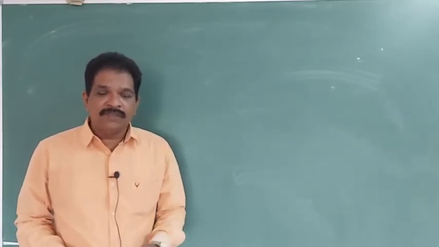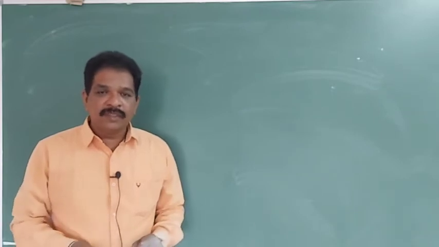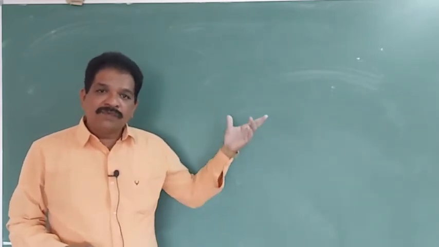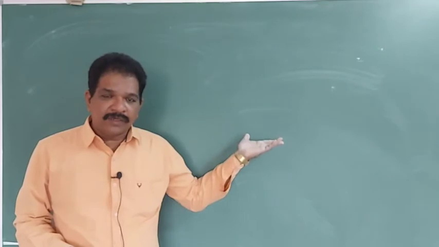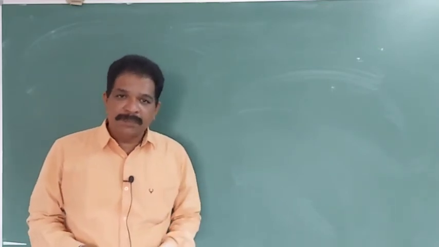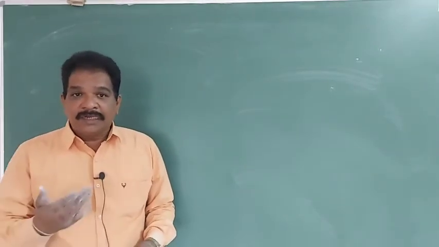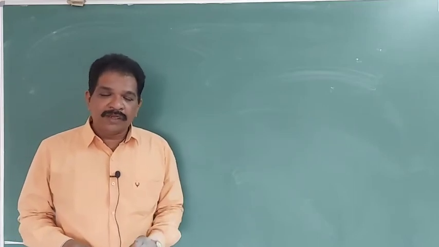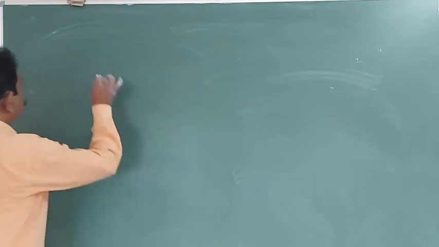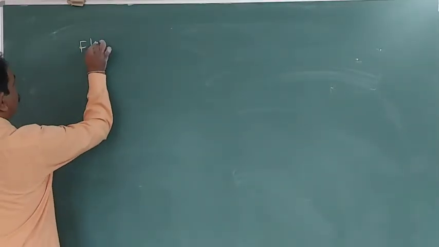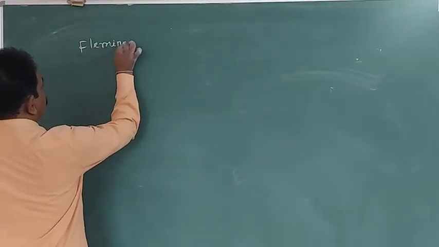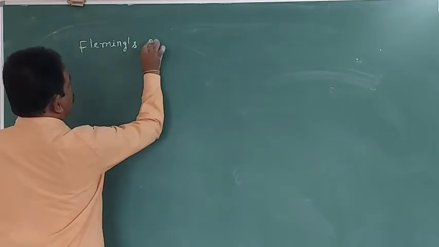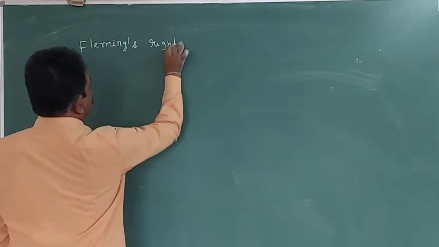That EMF is called motional EMF. EMF magnitude we calculated. How much is that? BLV. What is the direction of the induced EMF? To find that, we will use Fleming's right hand rule.